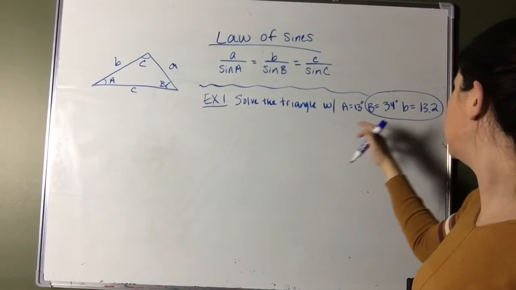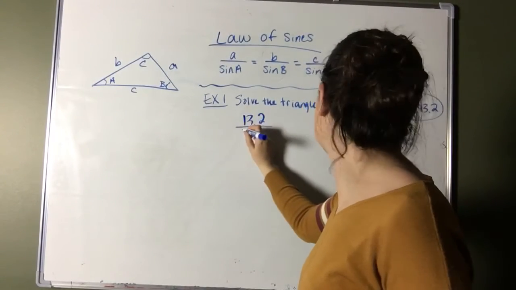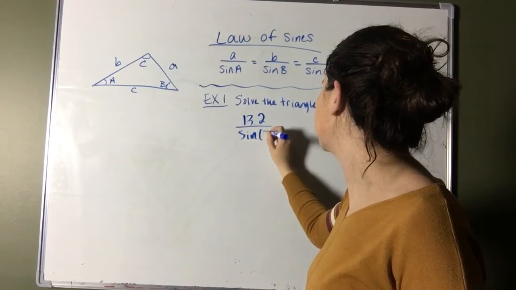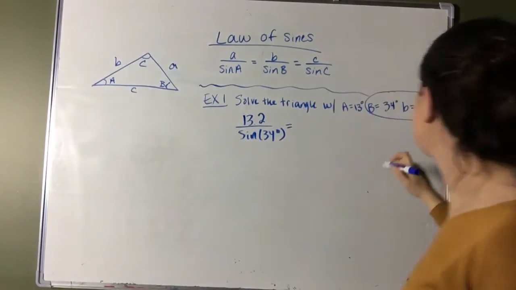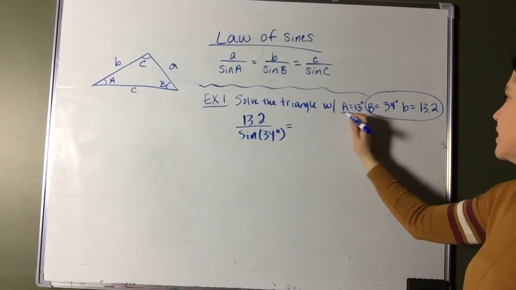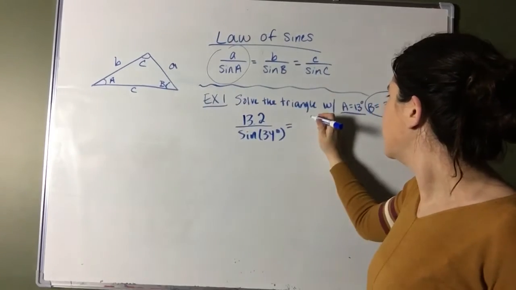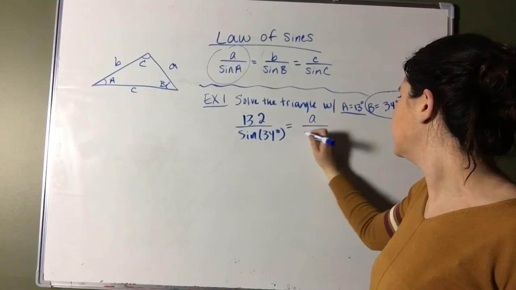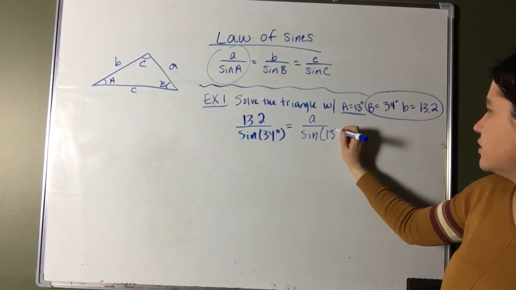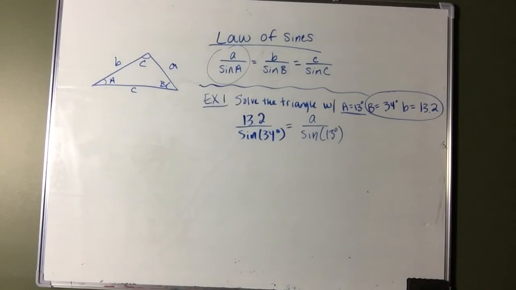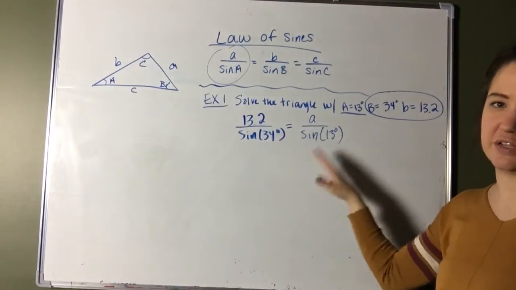So b divided by sine b, 13.2 divided by sine of 34 degrees, is going to equal, well, the other piece of information we have is that A is 13 degrees, so we use this ratio: a divided by sine of A, which is 13 degrees. We don't have to use all three of these equations at once. You always only use two of them together at one time.